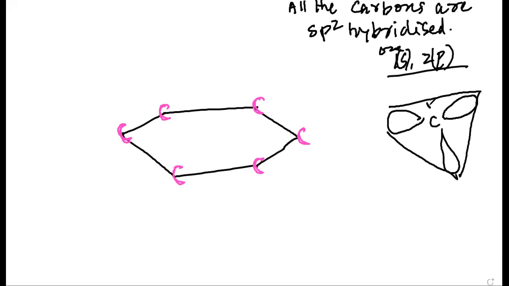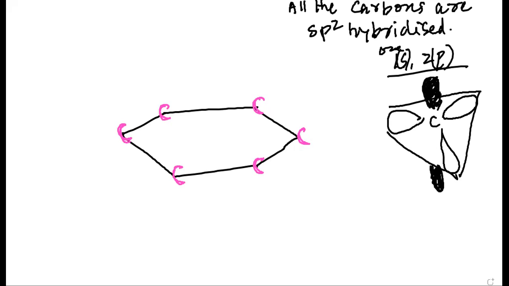And above and under this plane, my dear students, they will have the orbital which does not take part in the hybridization. This orbital is lying above and under this plane. The same thing we can represent in case of benzene.